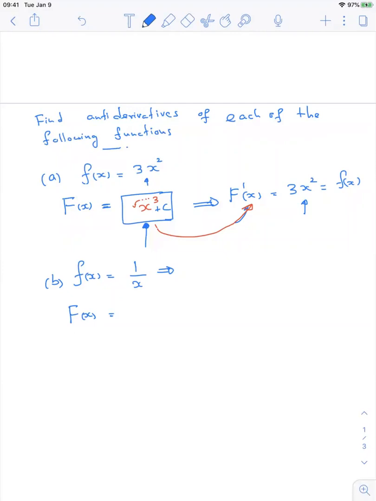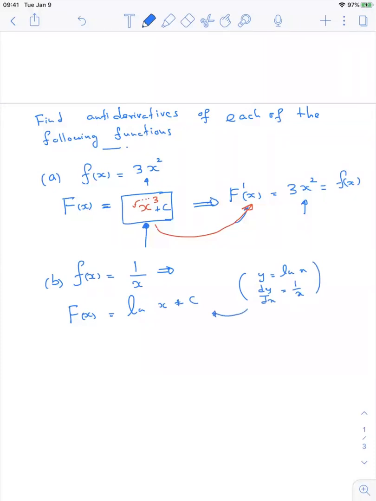If you remember the differentiation, yes, this should be ln x plus c, because when y equals ln x, once you differentiate it, the answer was 1 over x. So basically we are looking at the reverse of this.